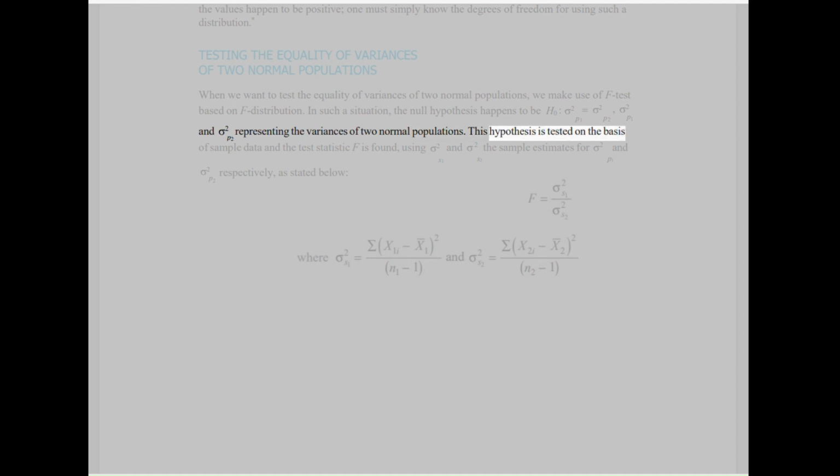This hypothesis is tested on the basis of sample data, and the test statistic F is found using s1 squared and s2 squared, the sample estimates for sigma1 squared and sigma2 squared respectively, as stated below. Pause the video to look at the formula.